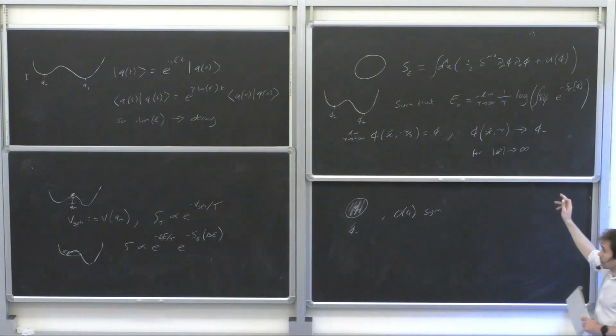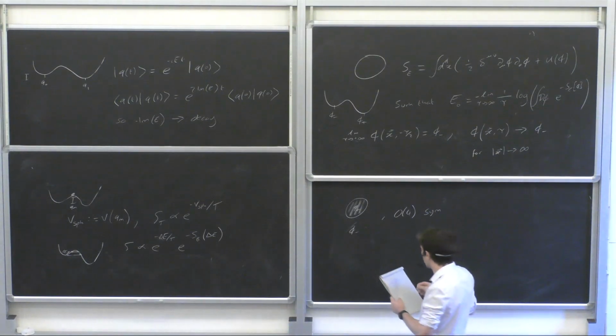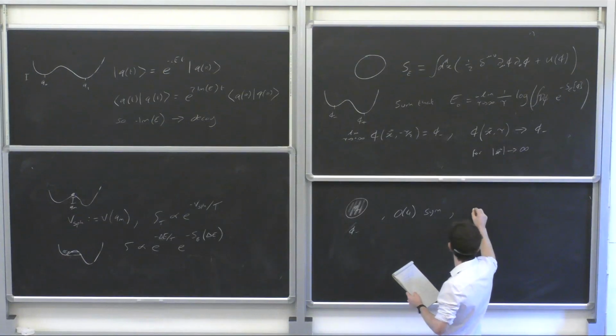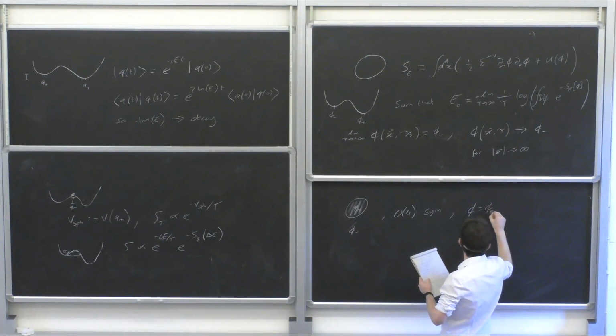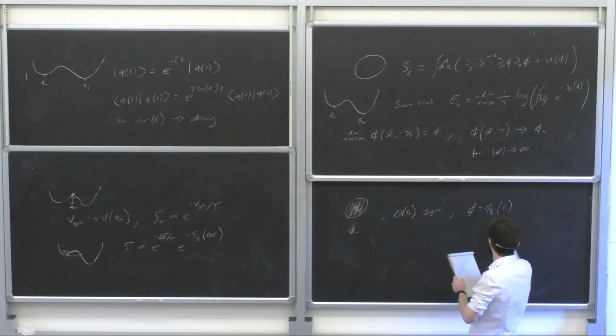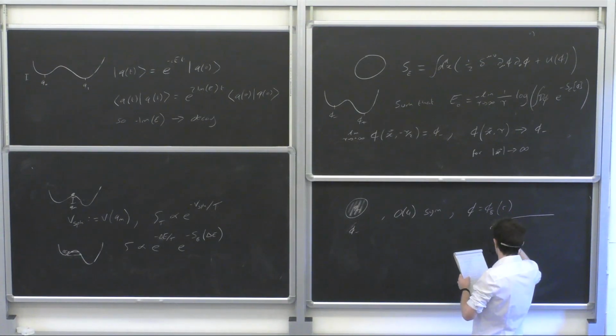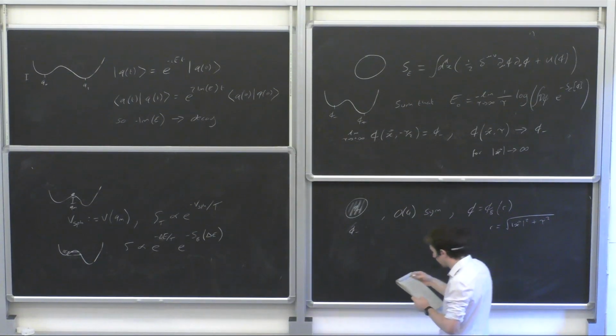Okay, to find a classical solution to this Euclidean equation of motion, we make use of O(4) symmetry. So let me write my bounce solution in field space. Phi is equal to phi bounce as a function of r, where r is the Euclidean distance from the origin, the square root of x squared plus tau squared.